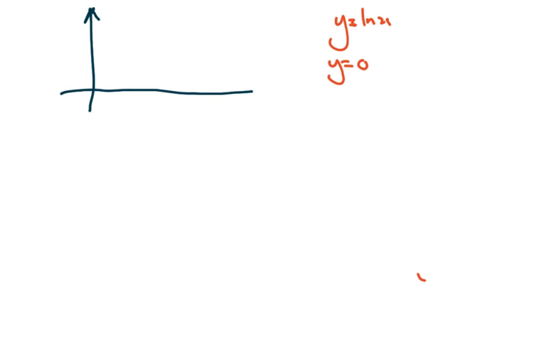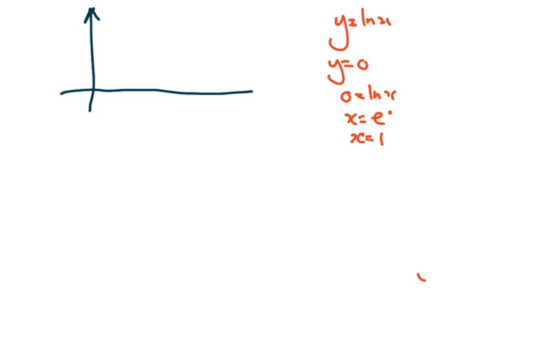Okay, let's do this. First of all, very basic work that everyone in P3 should know: how does a ln graph look like? A ln graph, y equals ln x. When y equals 0, 0 equals ln x, so x equals e to the power of 0, which is 1.